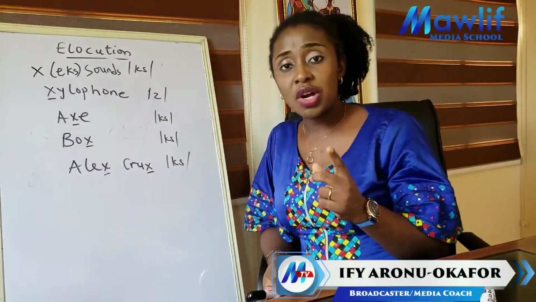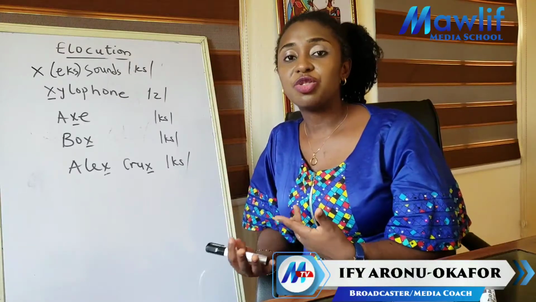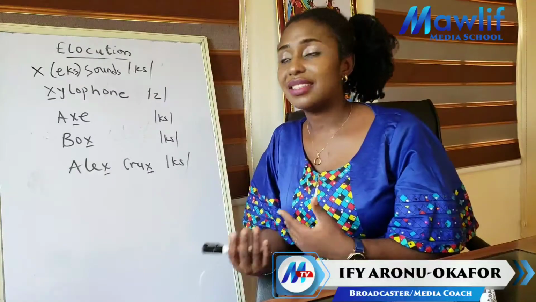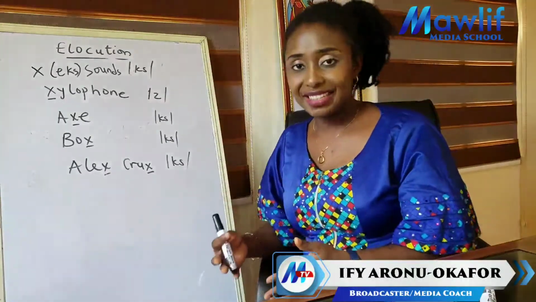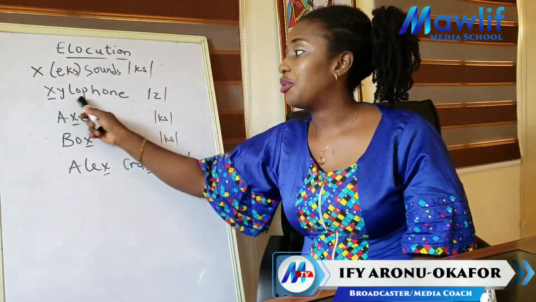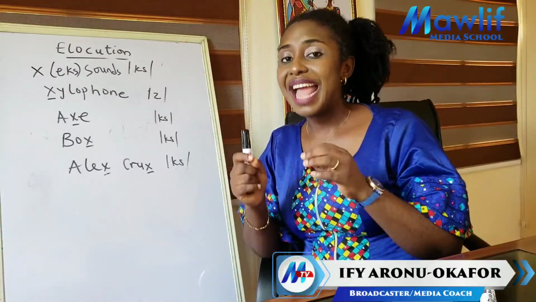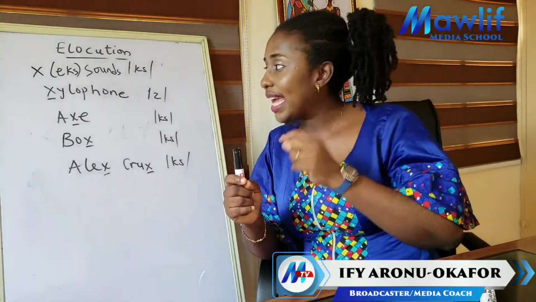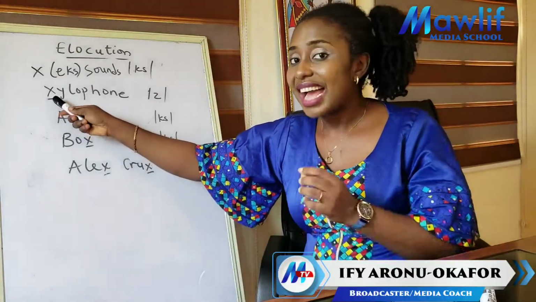But I chose a word that is quite general. When you do all of these children's readings and you're saying A for this, B for that, when they get to X, you usually find xylophone. And I need us to take note of how the sound of X comes out in that particular word. You say xylo.